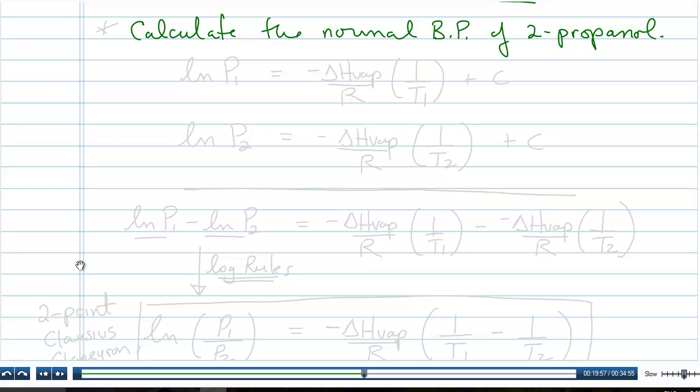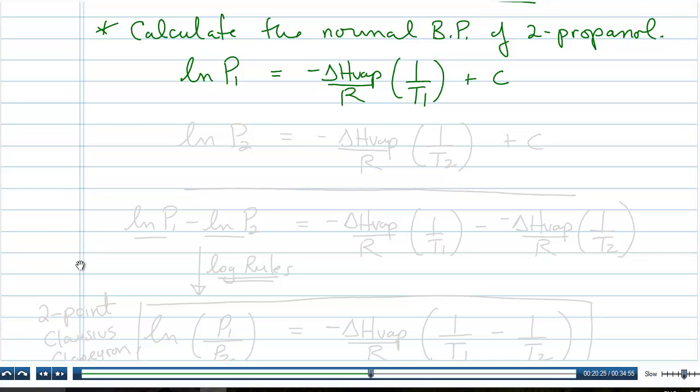To do this question, we need to derive a related form of Clausius Clapeyron. So let me just say here that the natural log of P1, one vapor pressure, is equal to negative delta H vap over R times 1 over T1 plus C. So I've used the Clausius Clapeyron at one pressure and one temperature, a P1 and a T1.